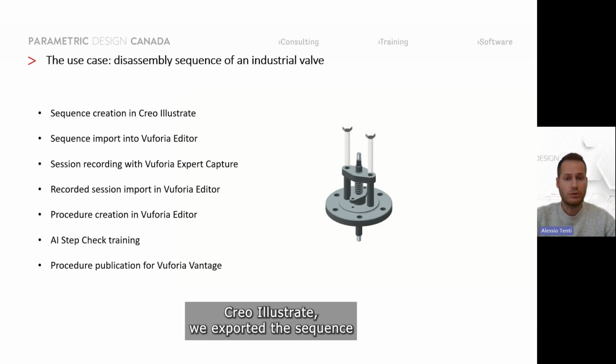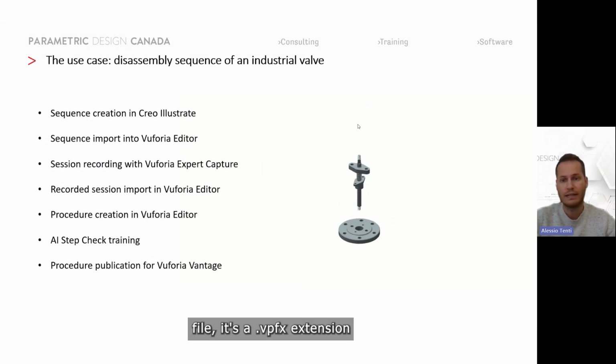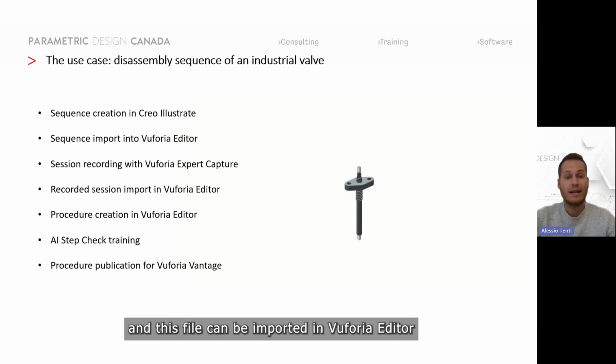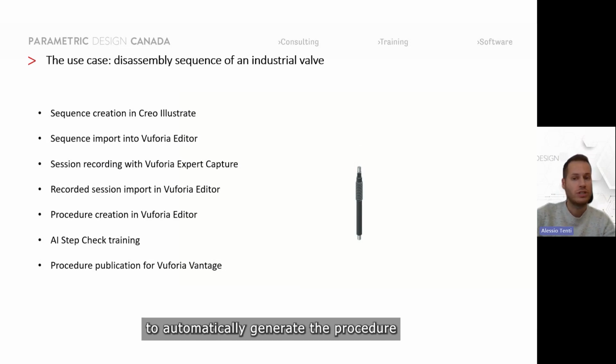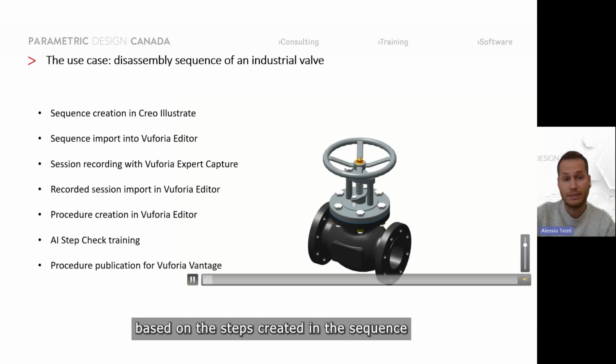Then from Creo Illustrate, we exported the sequence into a Vuforia procedure file, a special .vpfz extension file, and this file can be imported into Vuforia Editor to automatically generate a procedure based on the steps created in the sequence.